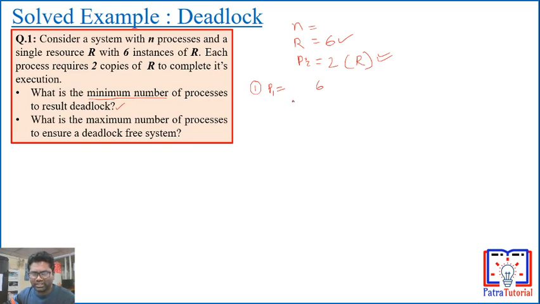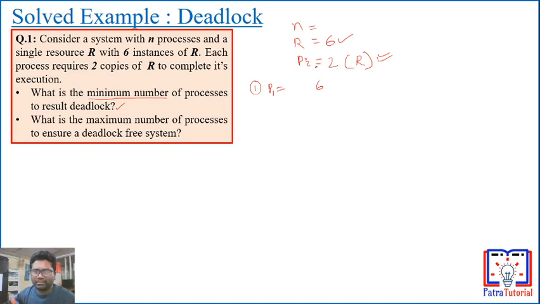That means it will have one less than the maximum requirement. Since I have to minimize the number of processes, I will allocate the maximum number of resources minus 1, because I have to make the system deadlocked.